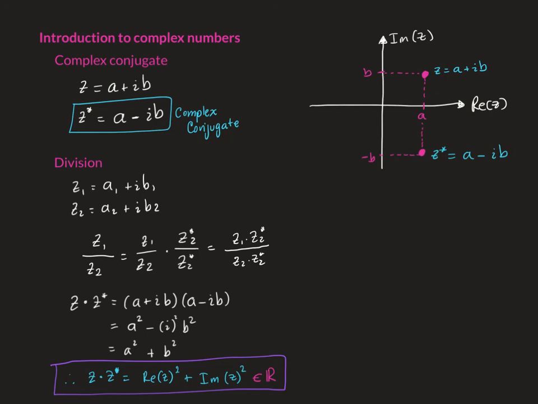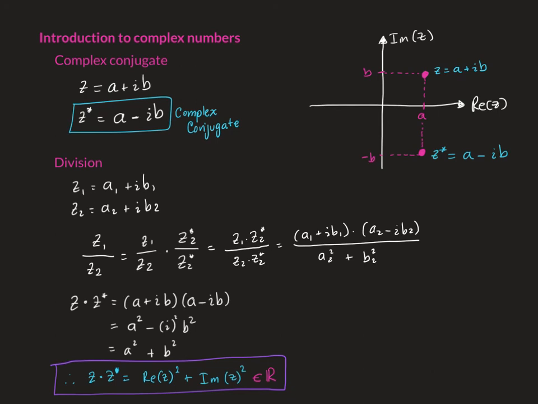Now, based on what we know, the top is going to be a1 plus ib1 times the complex conjugate of z2, which is a2 minus ib2, and everything divided by the square of the real part of z2, which is a2 squared, plus the square of the imaginary part, b2 squared. This is how we're going to calculate division, by reducing it to a problem of multiplication.